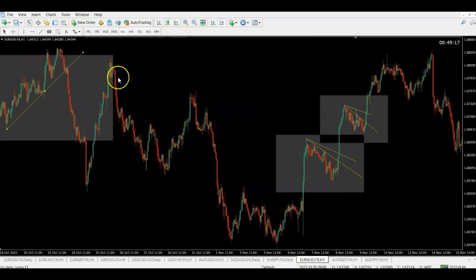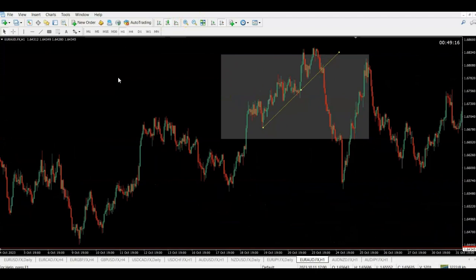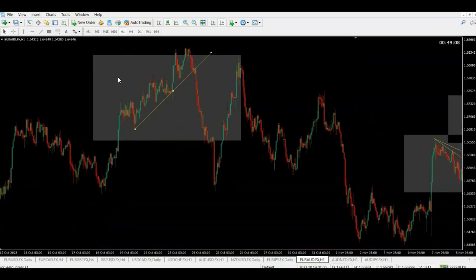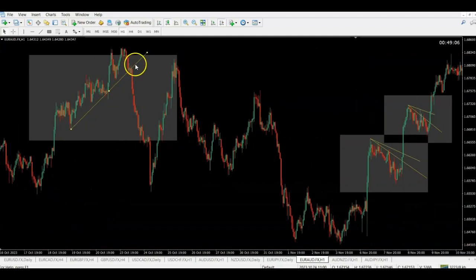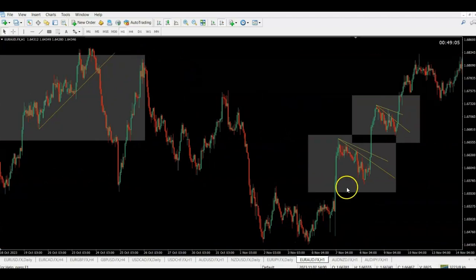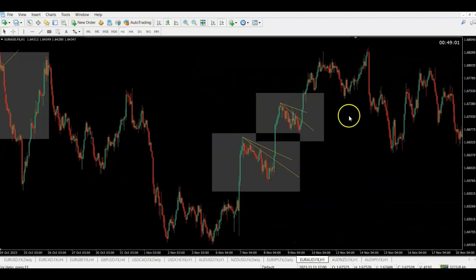And feel free to use this method whether it's stock market or cryptocurrency, in any type of market. Trend lines are trend lines.